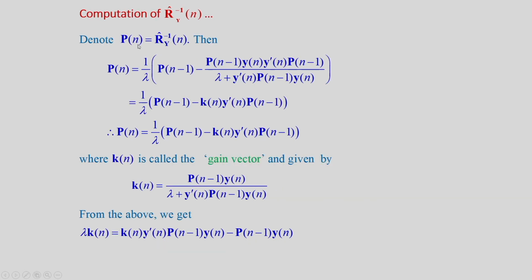Now, we will denote this term Ry hat inverse n, that is the inverse of the autocorrelation estimator, as the Pn matrix. This is the standard notation. Pn is equal to the inverse of the estimated autocorrelation matrix, Ry hat inverse n.